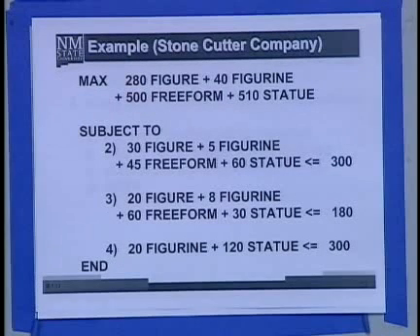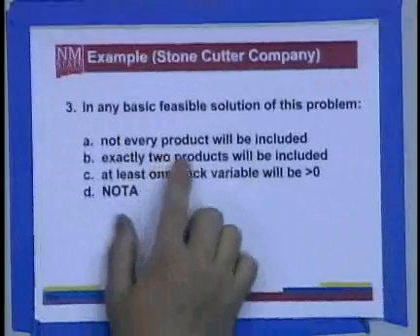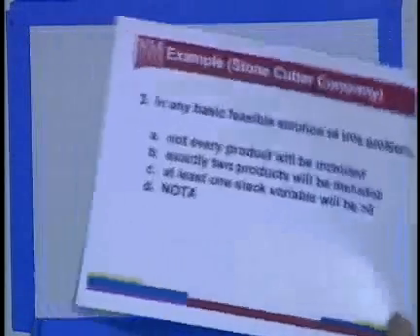If you look at the formulation, the number of products is greater than the number of basic variables, right? So what is the answer? A. Not every product will be included. Is that right? That was a simple question.